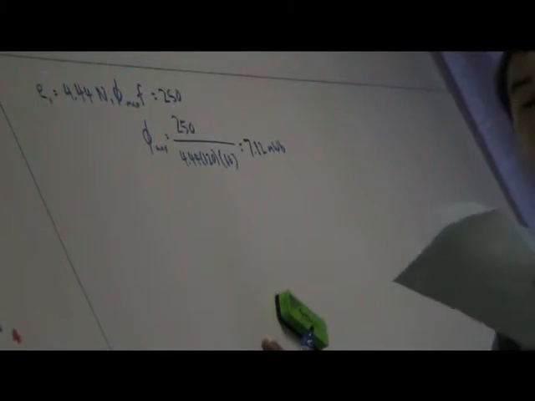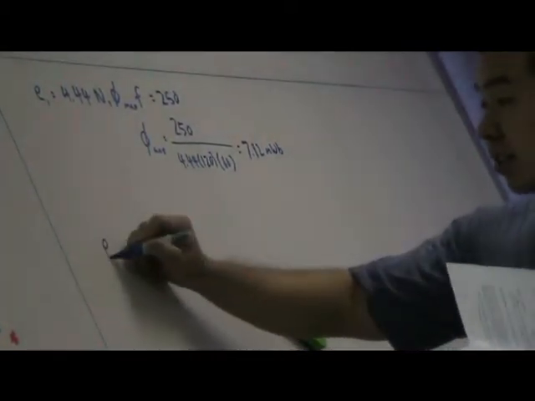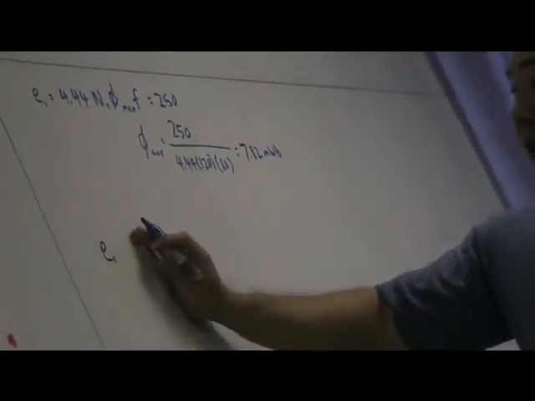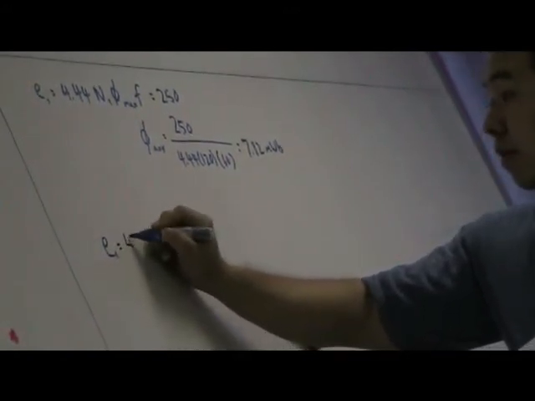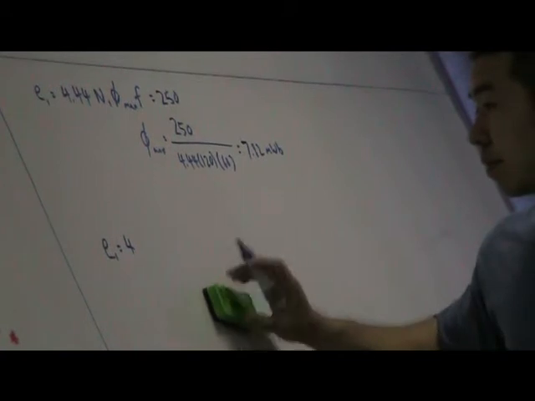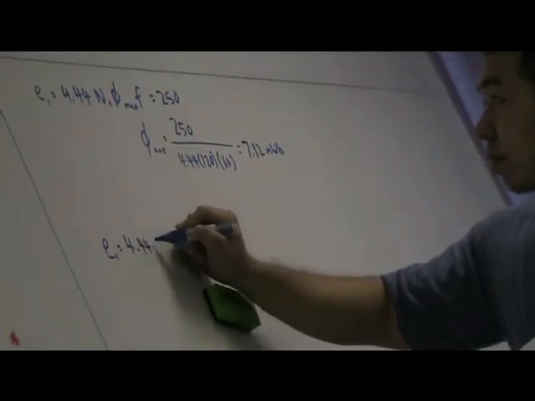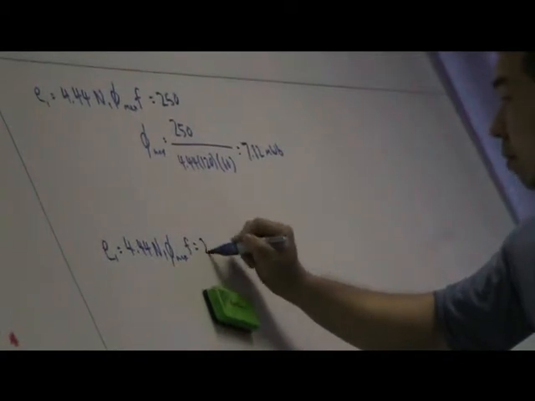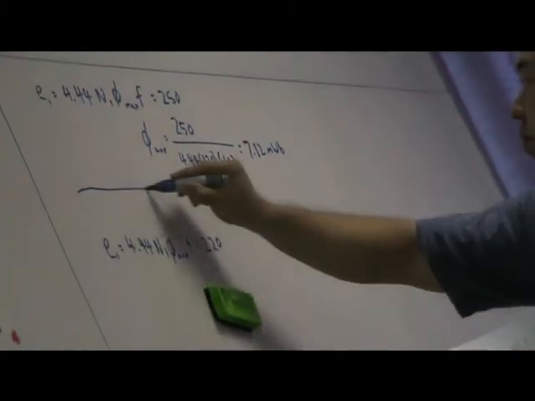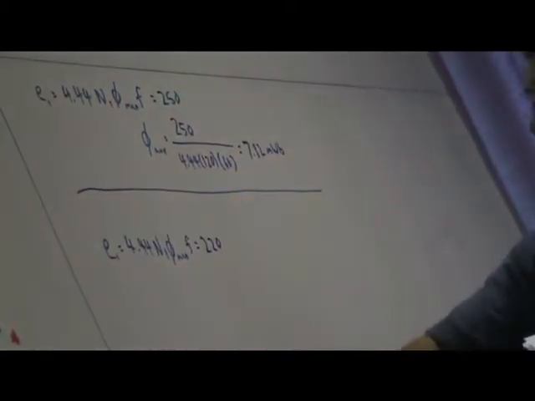Now, if the supply was changed to 220 volts, 50 hertz, that means now E1 is 220 and the frequency is 50.